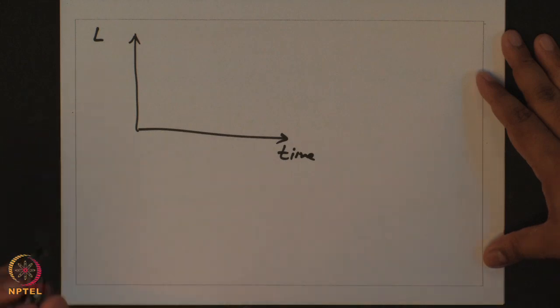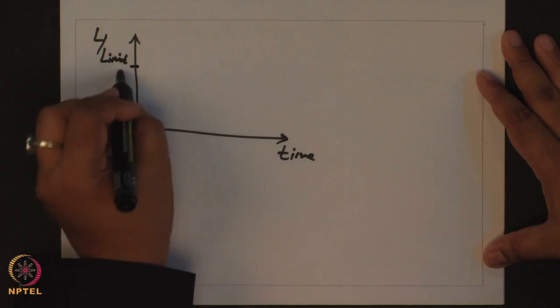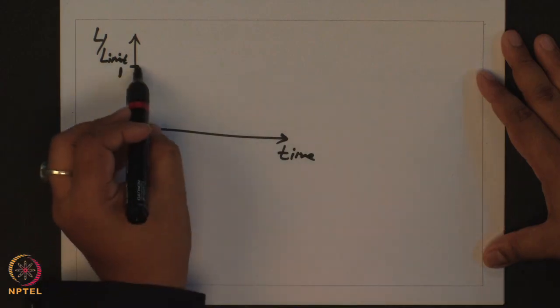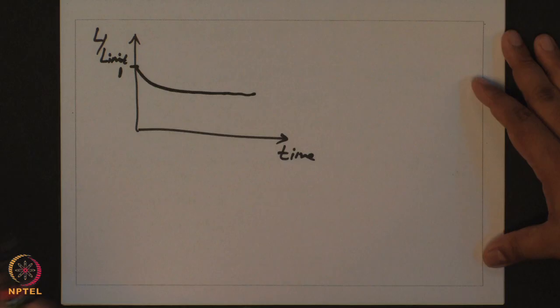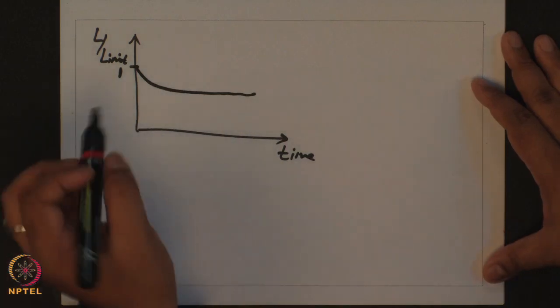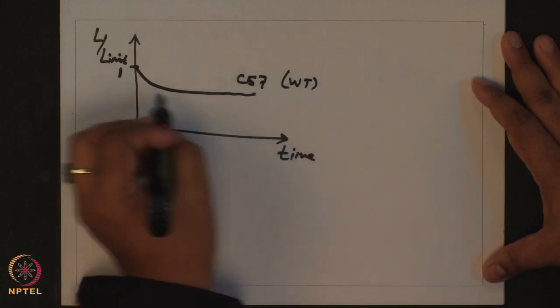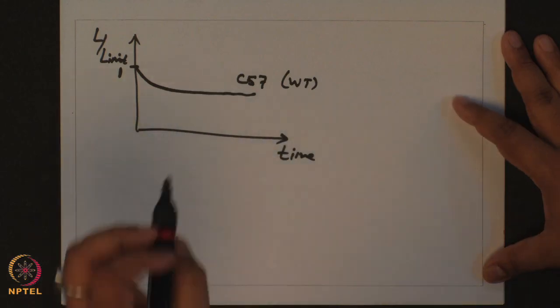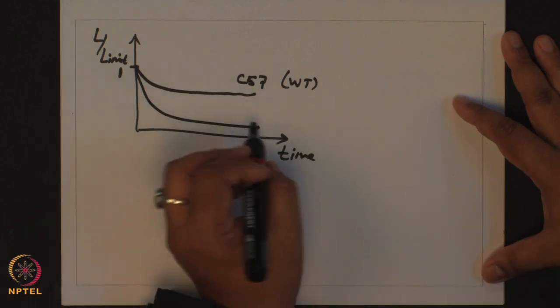If you plot L by L initial, you will start from a value of 1 and then you will get a curve like this. So, what they observed was for C57 cells, which is wild type, this relaxation curve, and for gamma sarcoglycan deficient cells, the curve was somewhat like this.